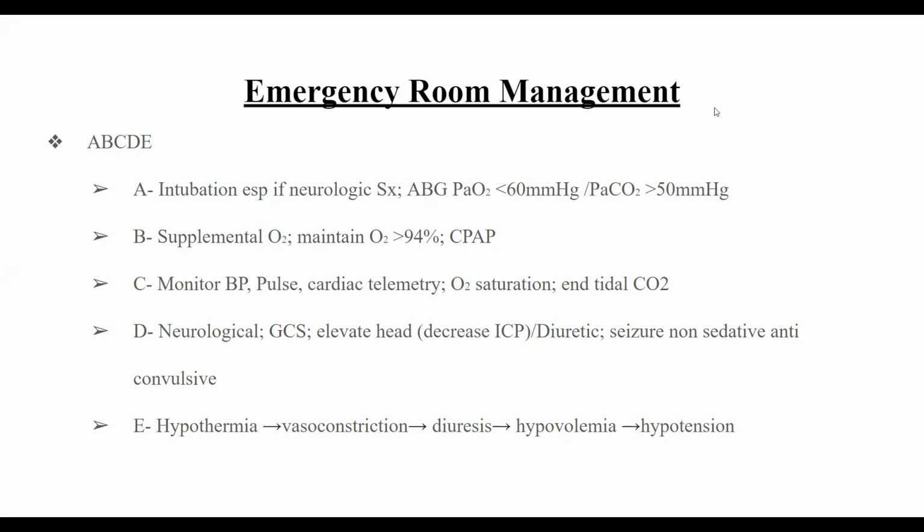B, which is breathing, you want to give supplemental O2, maintain O2 above 94%, and keep them on a CPAP machine. C, which is circulation, you want to monitor the BP, pulse, the cardiac telemetry, oxygen saturation, and end-tidal carbon dioxide.